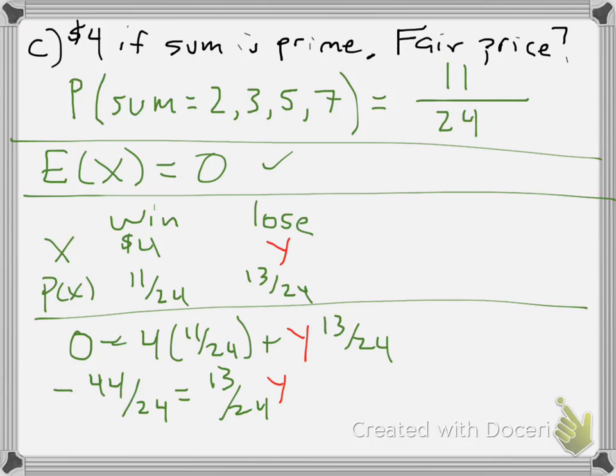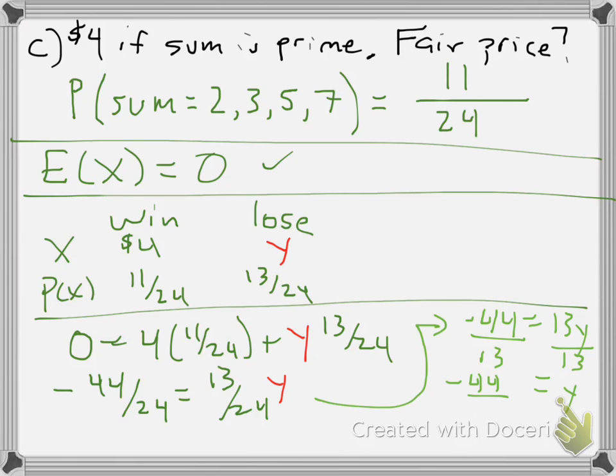I guess it doesn't need to be in another color at this point. Both denominators are 24, so I can cancel that. I get negative 44 equals 13y. Divide each side by 13, and y is going to equal negative 44 over 13, which, let me put in my calculator, negative 44 divided by 13, and that's negative 3.38.